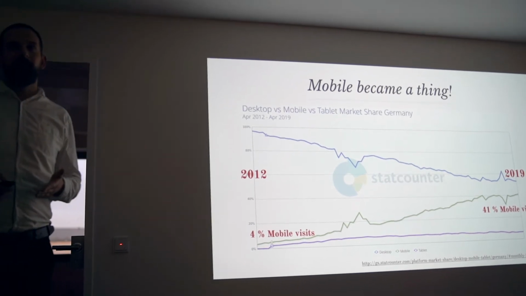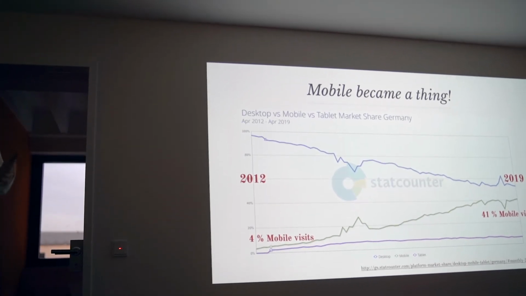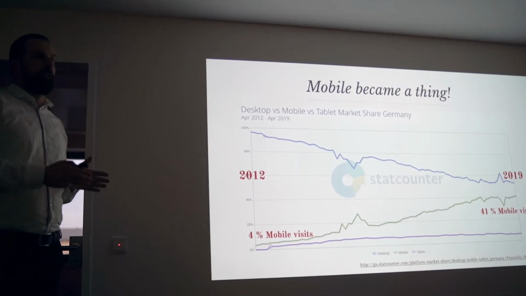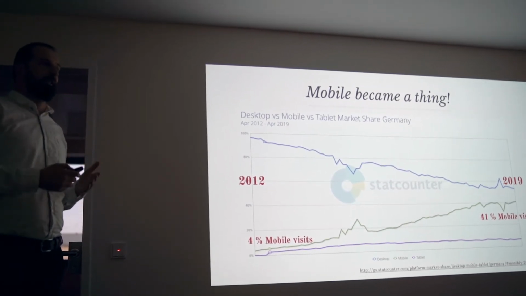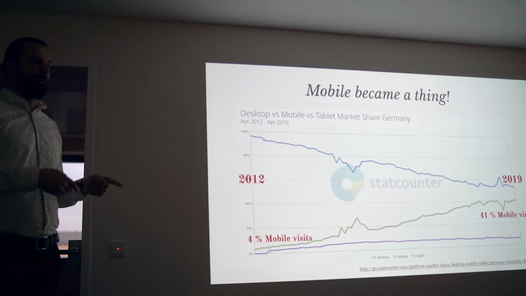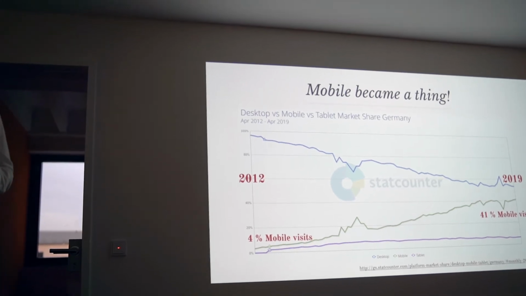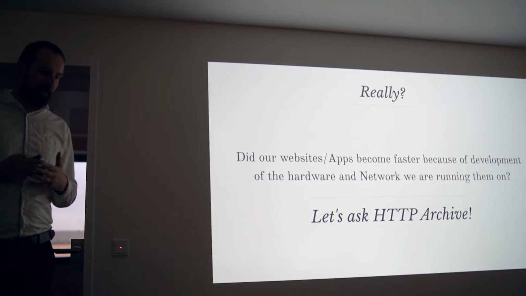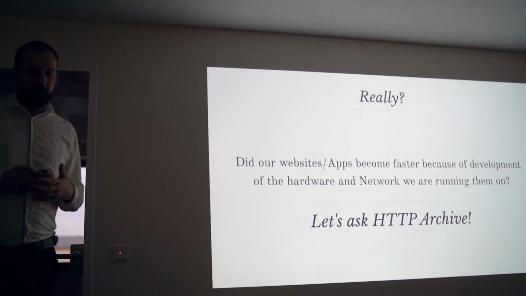But in 2019, this number has grown to 41% of mobile visits. I tried to explain to him that his point is valid, and this really will improve something for those people.